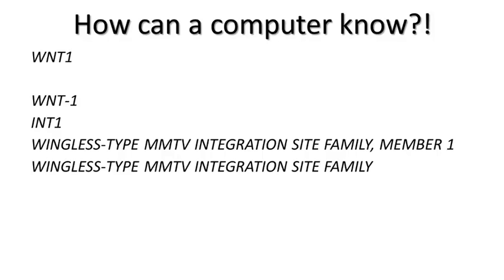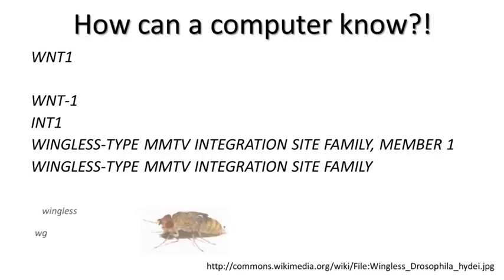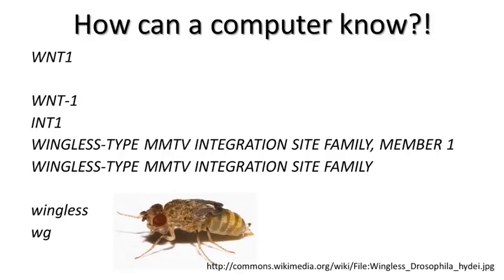To complicate things even further for the poor computer, the Drosophila research community have a habit of naming a gene after its mutant phenotype. So the homologue of Wnt1 is called wingless in Drosophila. You may be able to guess it easily, but it is very hard for a computer to guess things like this accurately.